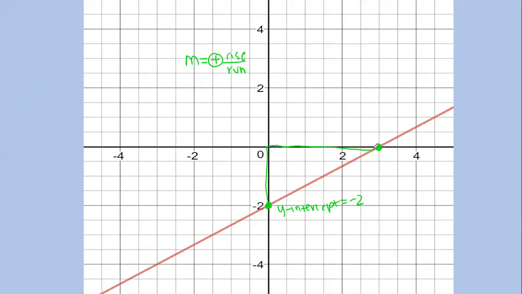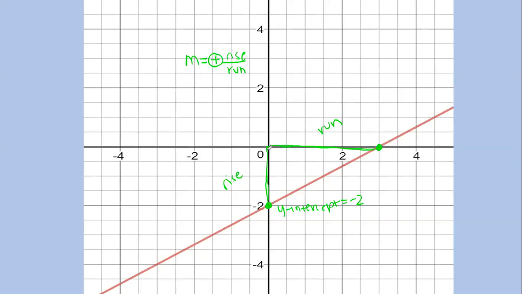So I'm going to use these 2 points to find my slope. I need to do my rise over run. You could do it in your head or with your finger on the screen if you want to help you.